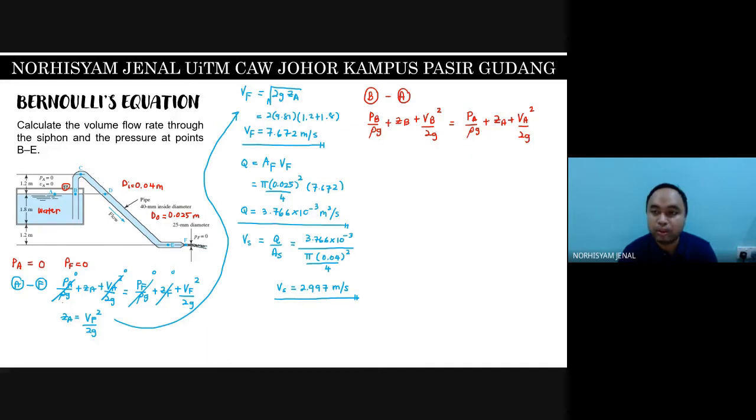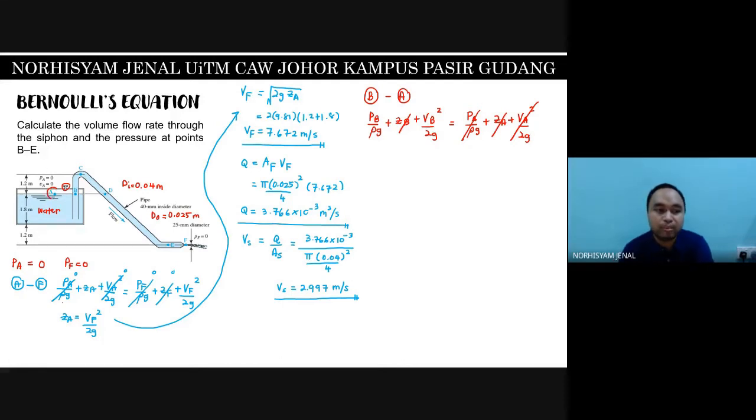Okay, so based on the conditions, we can cancel out both PA and VA. For PB and VB, we cannot cancel because it is inside a pipe, so the pressure should be different. But there is one thing that we can cancel out. Since the location of A and B is the same, meaning the elevation is the same, ZB and ZA can be cancelled out.